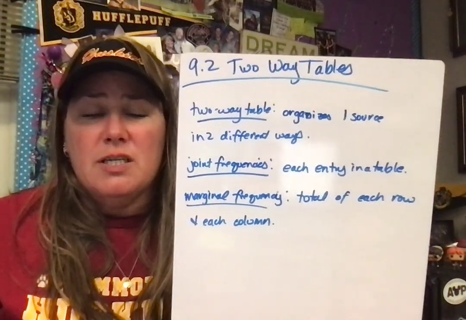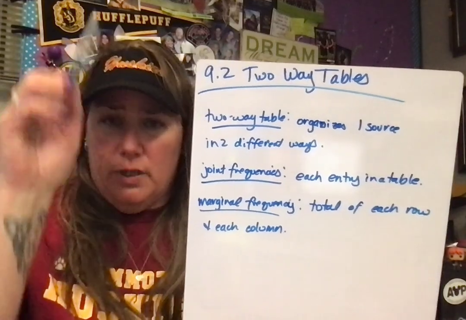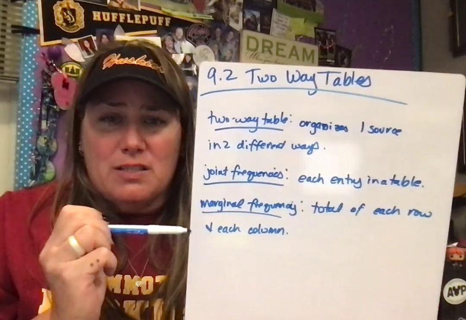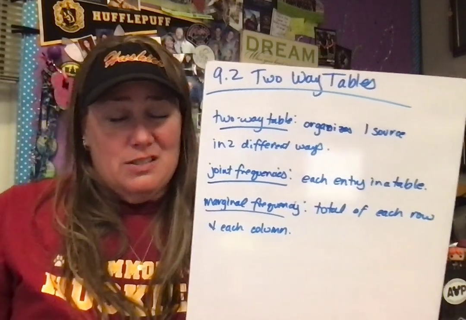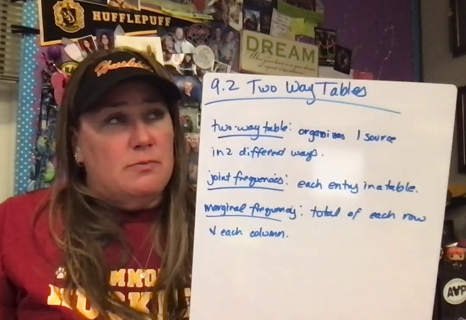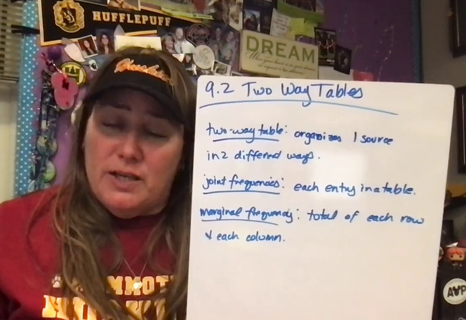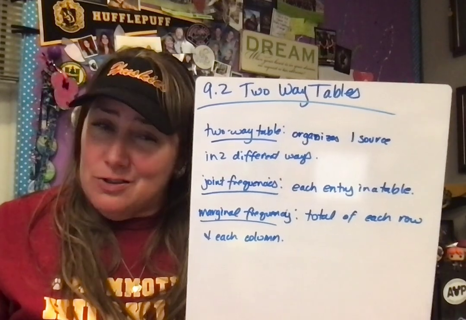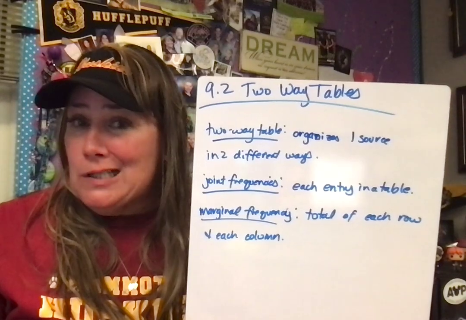Joint frequency is just each entry, but the totals for each row and each column, that's called a marginal frequency. And yes, they actually do refer to these on your big exams. I've seen that multiple times with multiple curriculums. So that is your 3 vocab terms for two-way tables. You know what color to do that. I should not have to be telling you this by now.